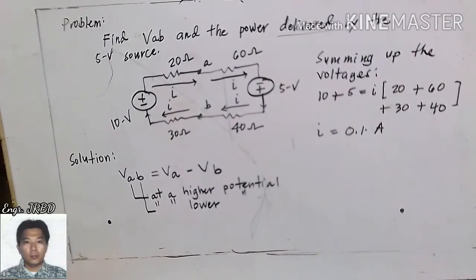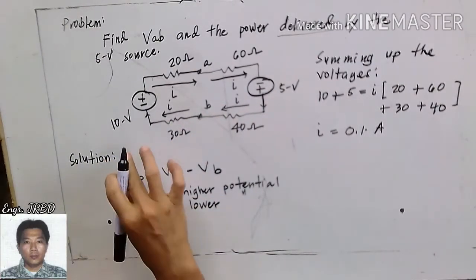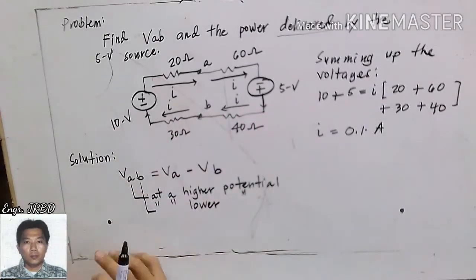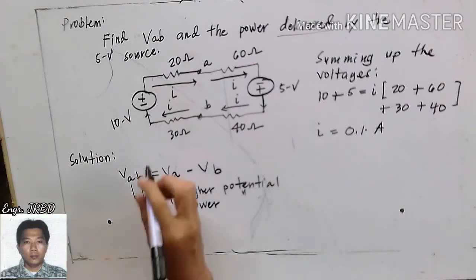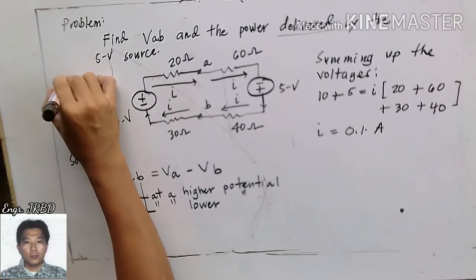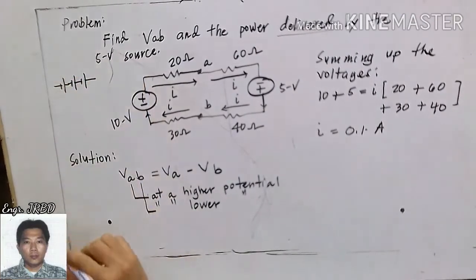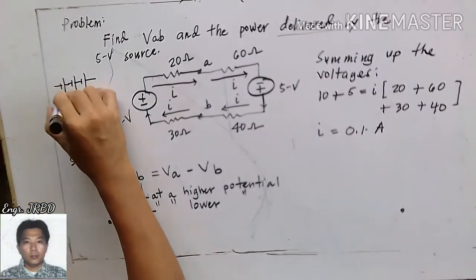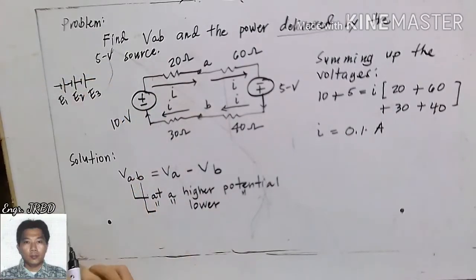You might be asking, why did we add the 10 and 5? How do we know whether we will be adding your 10 and 5? Because there are also instances wherein these sources will be subtracted. If you take a look, if you have minus plus, minus plus, minus plus, your voltage sources here are additive because the polarities are alternating.